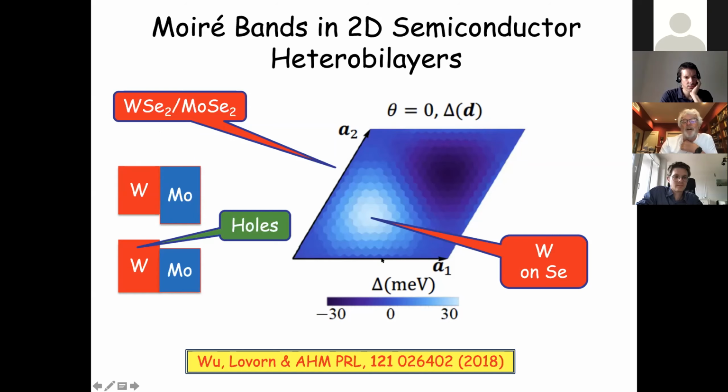Roughly, what it comes from ends up having an energy scale around 60 millielectron volts. The length scale on which this variation takes place is tunable just by twist angle.